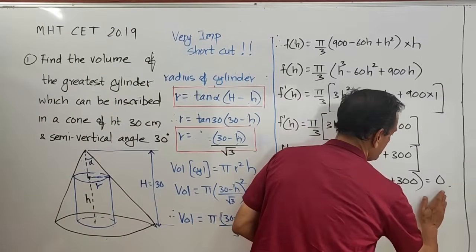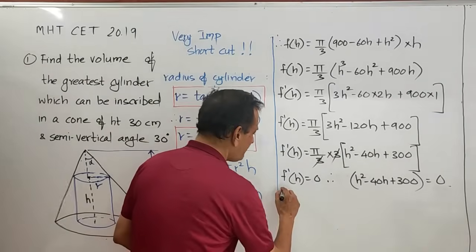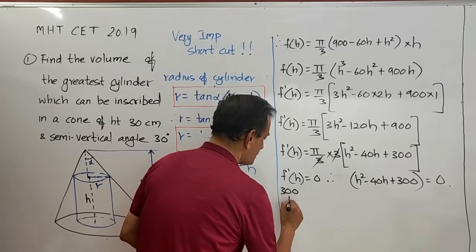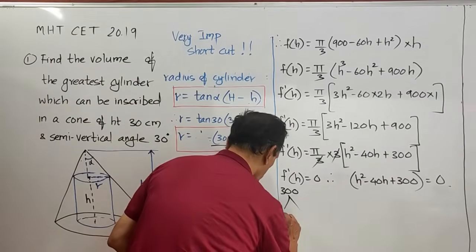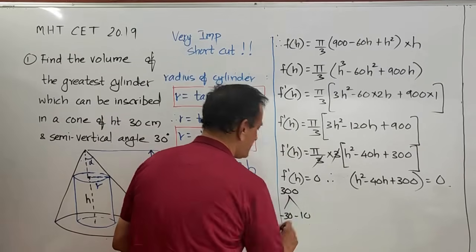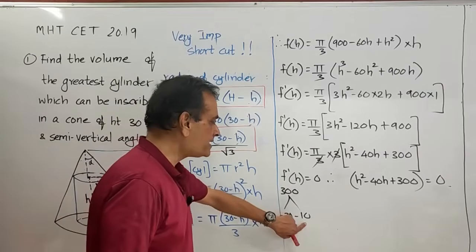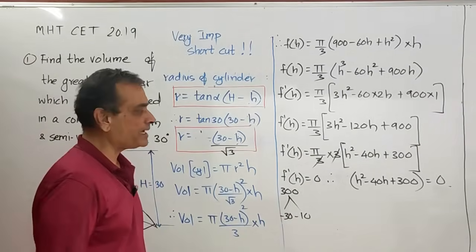So pi goes from there. You just have to factorize this. Factors of 300 whose sum is minus 40. Simple factors. Minus 30, minus 10. Minus 30 into minus 10 is plus 300. Minus 30 minus 10, if added, gives minus 40.